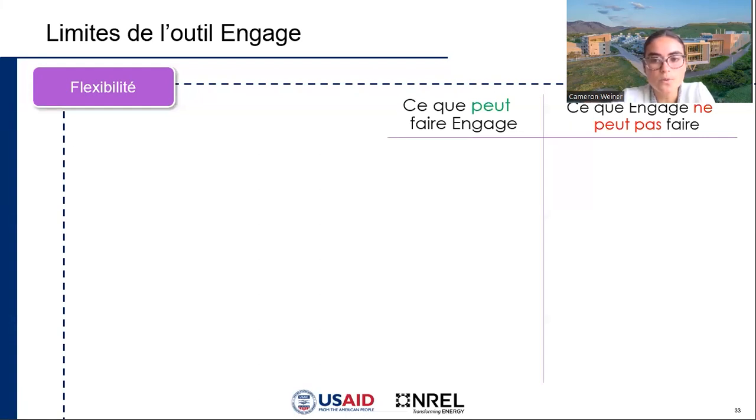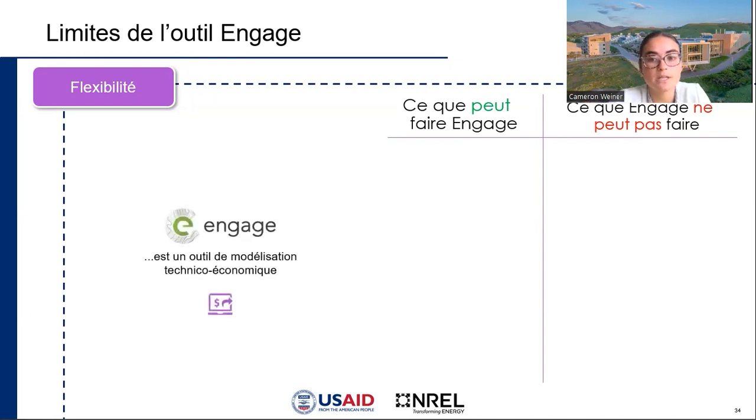And so this is where it would be good to mention that every modeling tool, including Engage, has its own capabilities and limitations. And so although Engage is a super flexible tool, it's primarily a techno-economic tool. And it is designed to cost optimize the size of the technologies that are represented in the system.